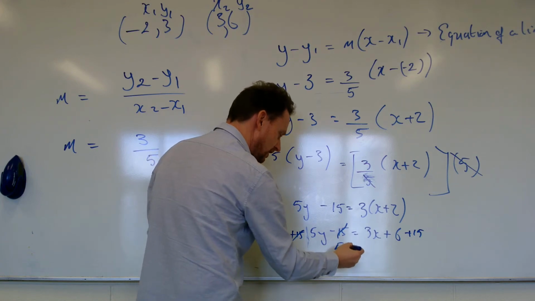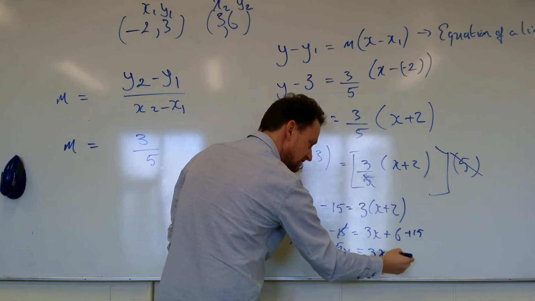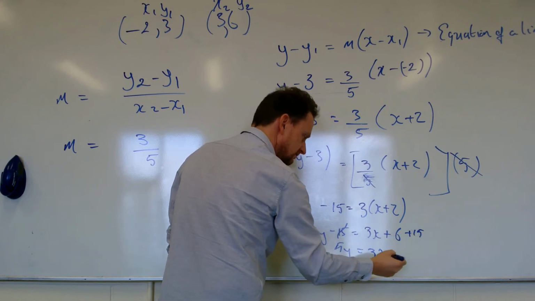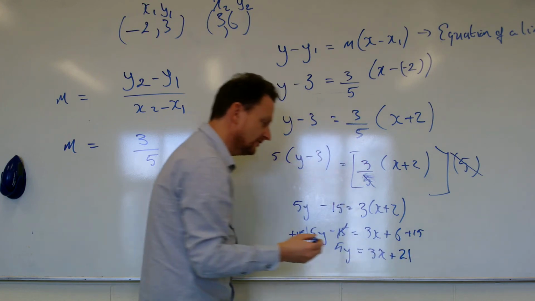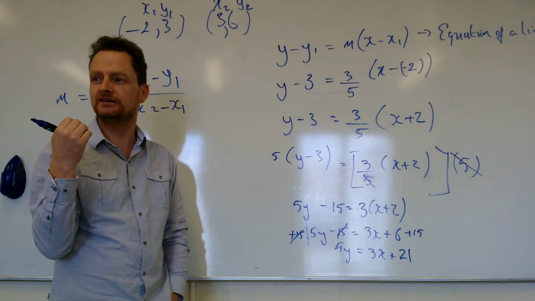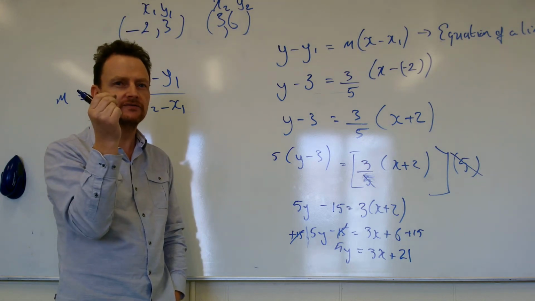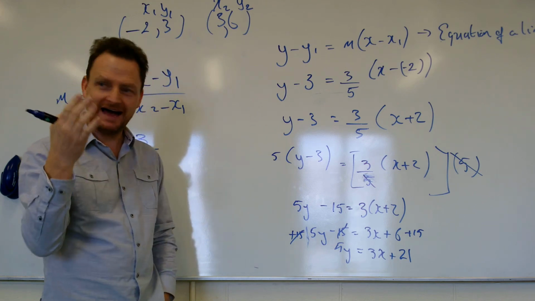So now I have 5y equals 3x plus 21. Now, have I got y equals mx plus c yet? Nearly there. No, you have to divide by 5, because I have to balance it.